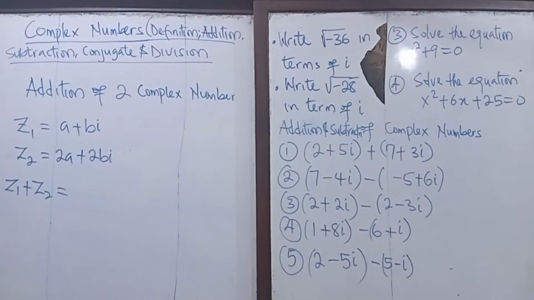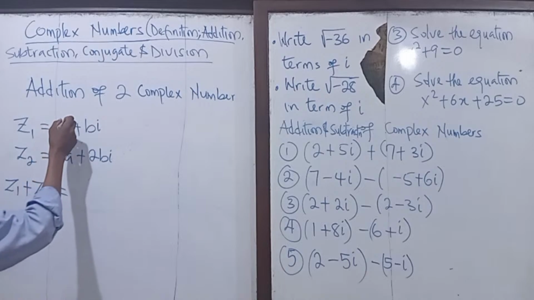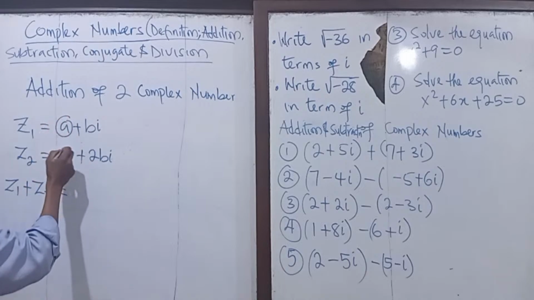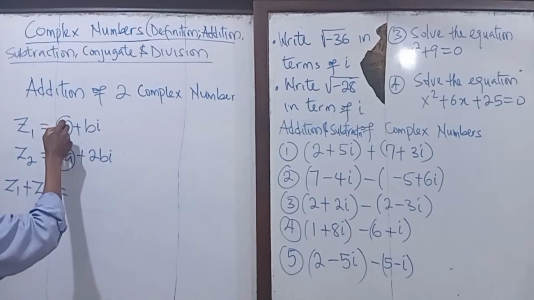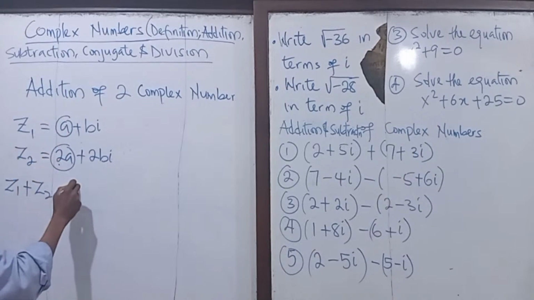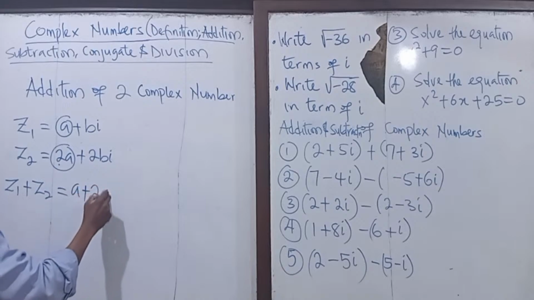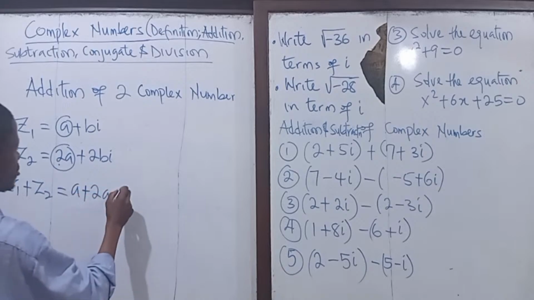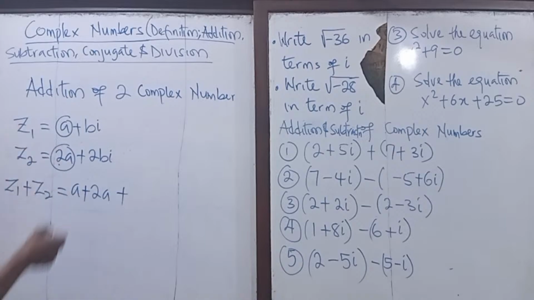So when we are doing addition or subtractions of two complex numbers, what you do is to add the real part together, the real part of the z1 plus the real part of the z2, and that will be a plus 2a.